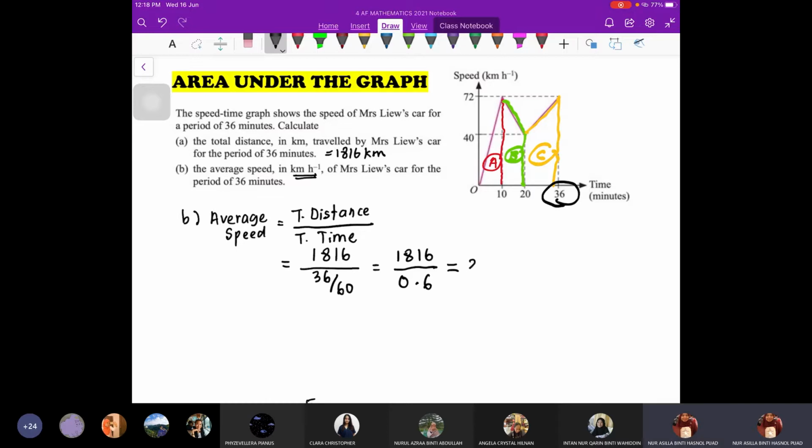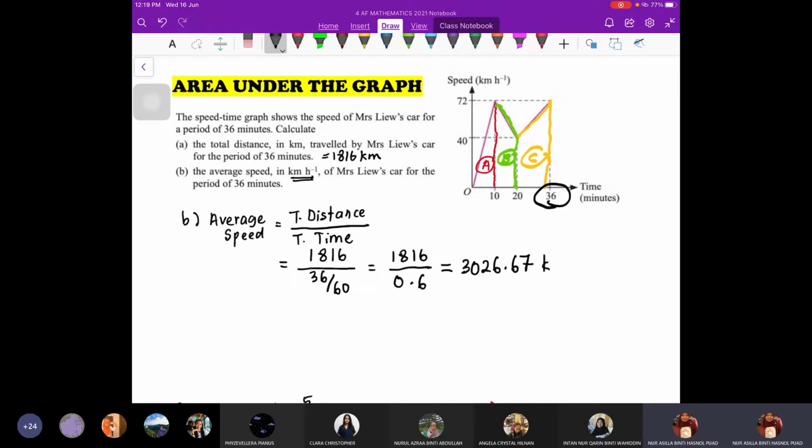You will get 3026.67. Oh, betul-betul laju. Am I doing it right? 36 divided by 60. 1816 divided by 0.6. Okay, betul lah. Okay, so this will be in kilometer per hour.